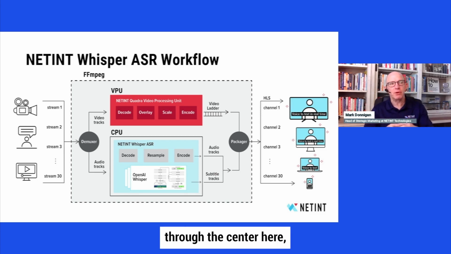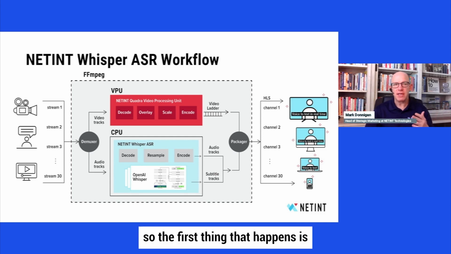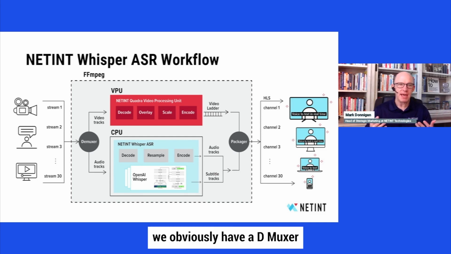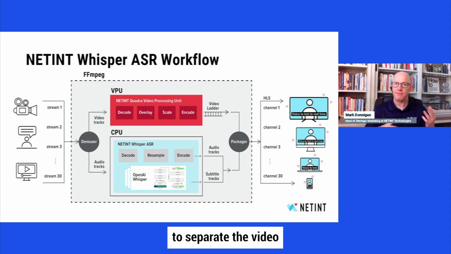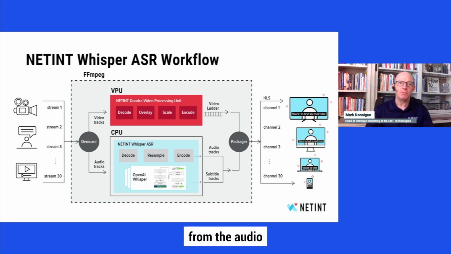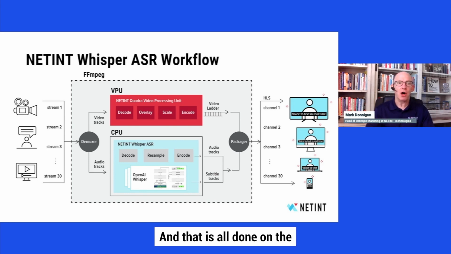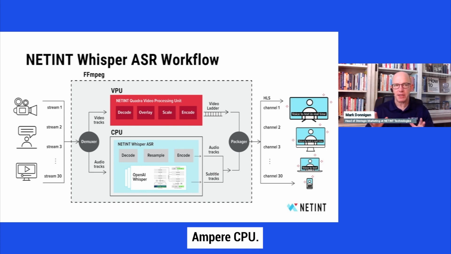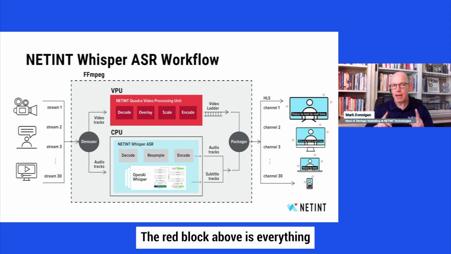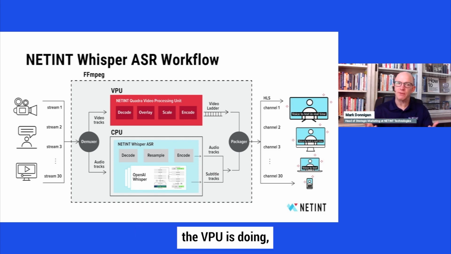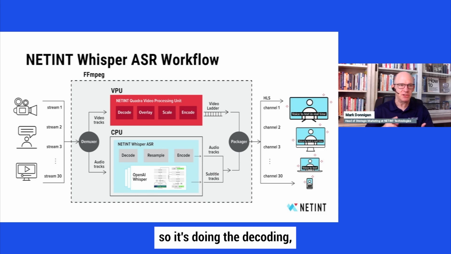So just moving through the center here. So the first thing that happens is we obviously have a demuxer to separate the video from the audio because we do have to process the audio track for Whisper. And that is all done on the Ampere CPU. The red block above is everything the VPU is doing. So it's doing the decoding. It's doing any overlays that you might have.